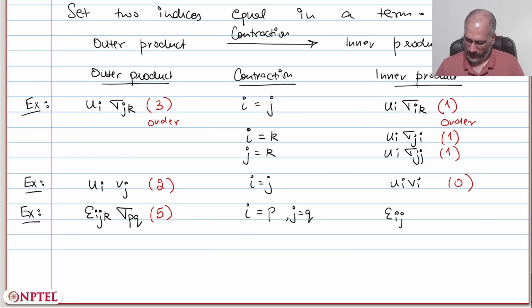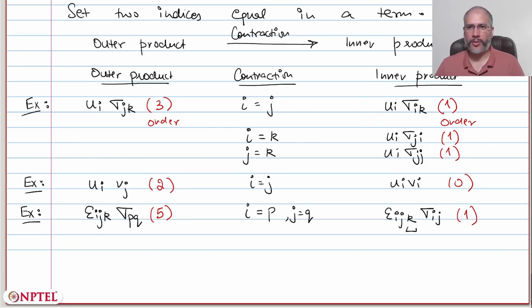So this becomes epsilon_ijk sigma_ij, and in this case we only have one free index now because i and j are repeated, so only k is the free index, so the order of this is 1.